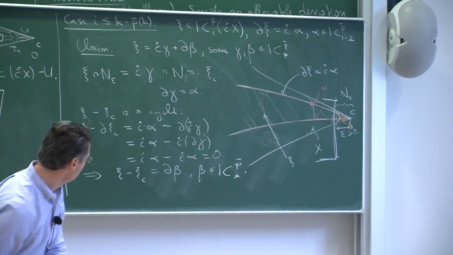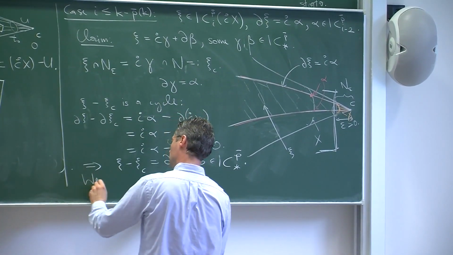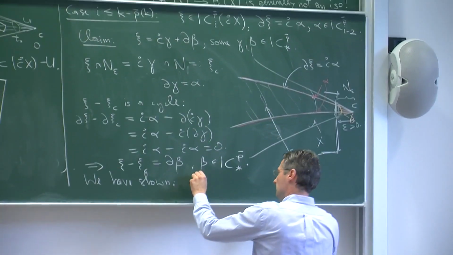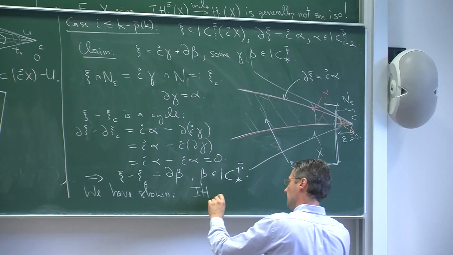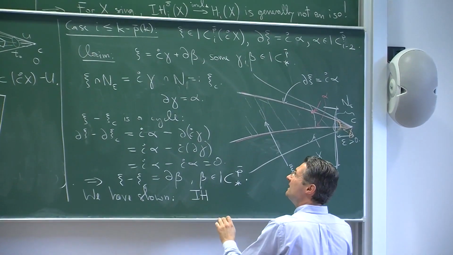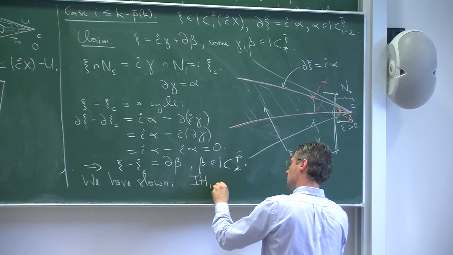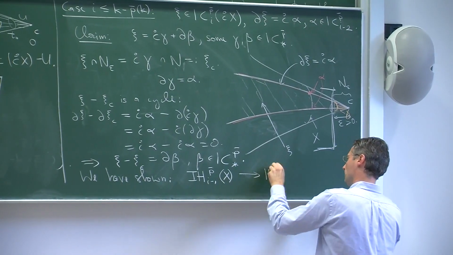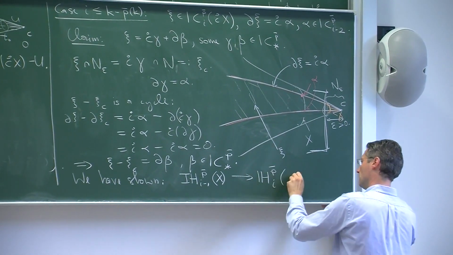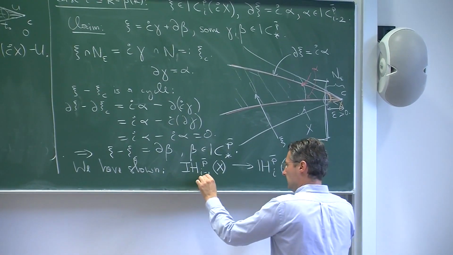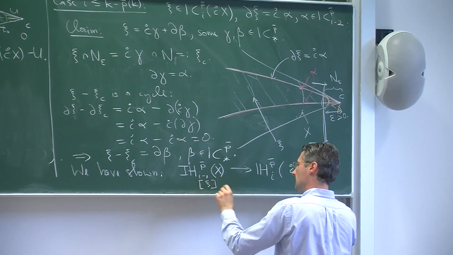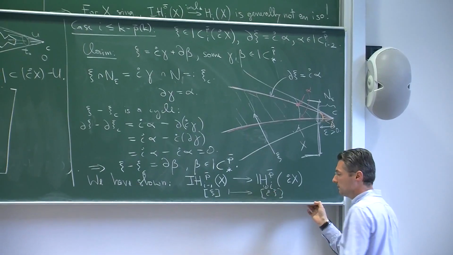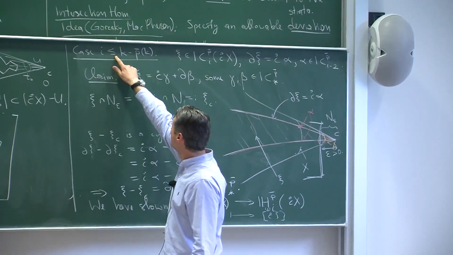What we have shown is that if I look at the intersection homology in degree I-1 with perversity P of X, and I want to compare it with the ith intersection homology of the cone, then if I take Xi, I can cone the chain to get a chain in here. And then under this assumption, this is well defined.